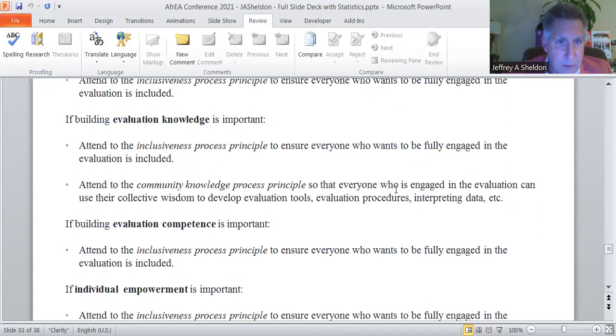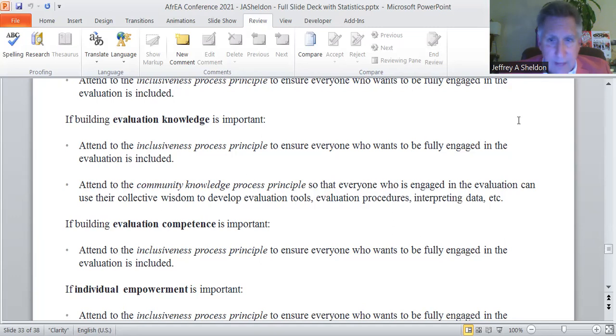So if building evaluation knowledge, which is part of the empowerment construct, is important, attend to the inclusiveness process principle to ensure everyone who wants to be fully engaged in the evaluation is included. Remember, in empowerment evaluation there's this idea of collective knowledge, right? If people are included and they're sharing their newfound knowledge about evaluation amongst themselves, that's going to increase the collective knowledge they have.